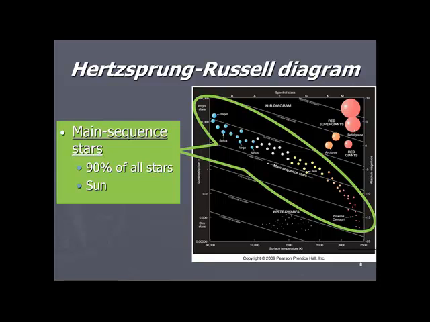The life stage that you see on this slide is called the main sequence. These stars are in that main sequence stage. This is where 90% of all the stars exist. This is kind of like your teenage years to maybe when you're 60 or 70. It's just the middle of your life. It's where most of your life is spent.